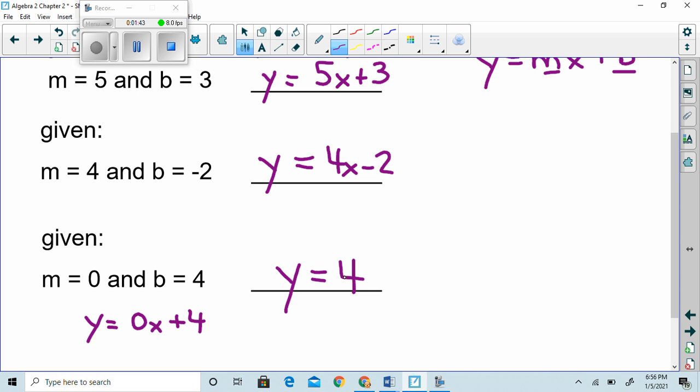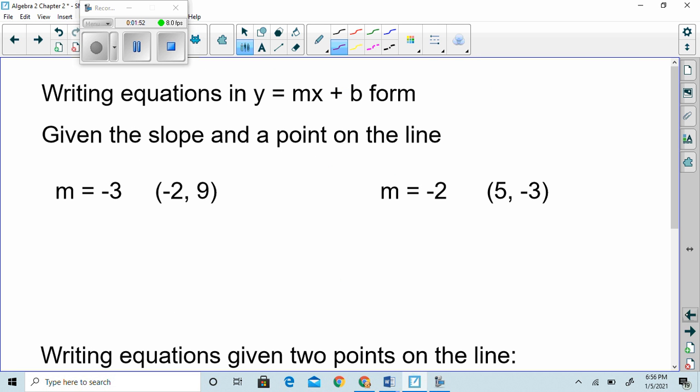So the first way of writing a linear equation is if I'm given all the information that I need. We found out that sometimes we'll be given the slope and a point on the line, so we need to find b. We need to find the y-intercept. So we'll replace what we know. We have y is equal to mx plus b. We have our x and our y.